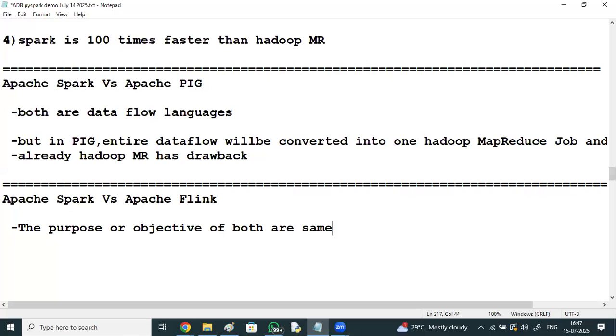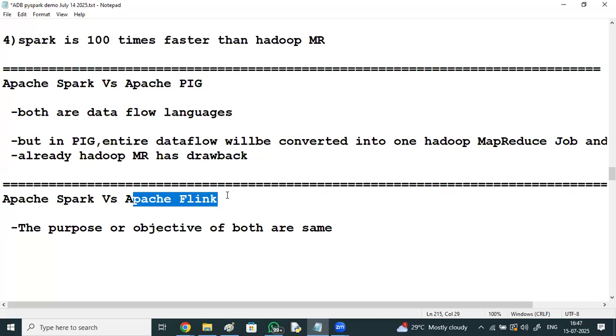Both were introduced by Apache only. But there was a big talk when Apache Flink got introduced. They said that Spark was going to go away from the market, because Flink was dominating Spark.